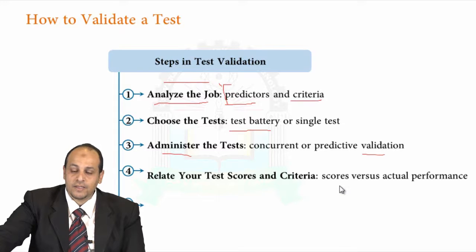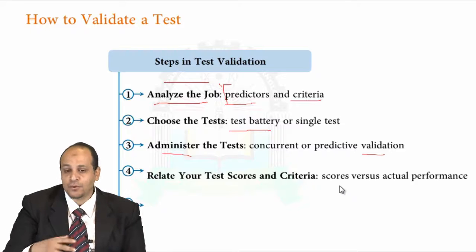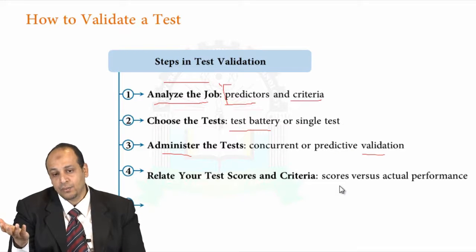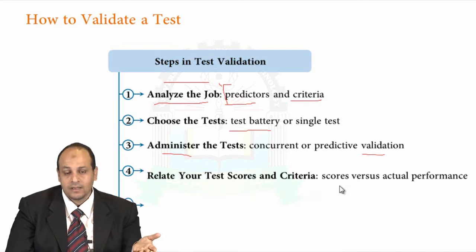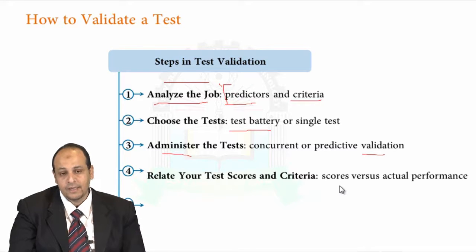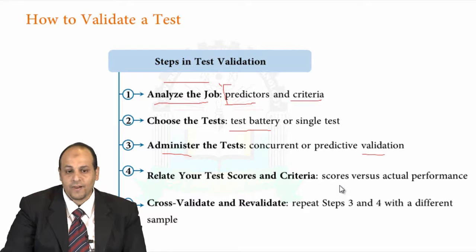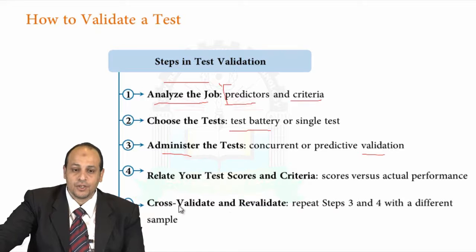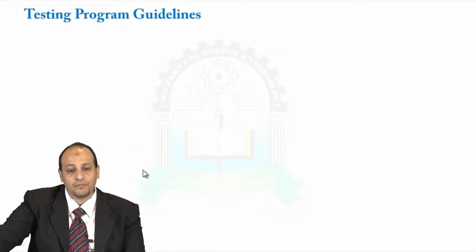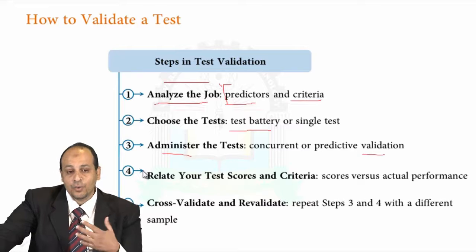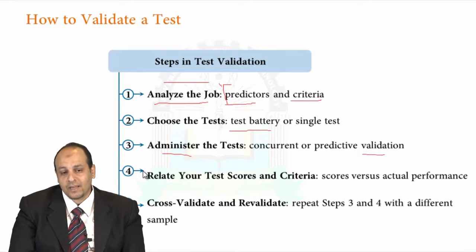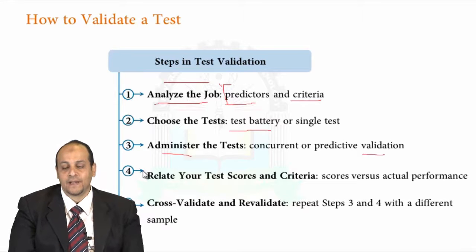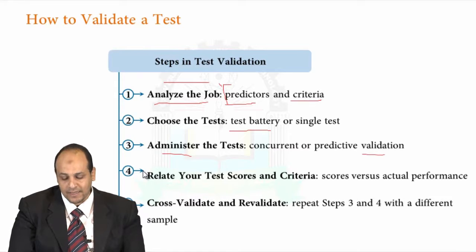So this is one way to match the actual performance of the candidate with the scores he gets, and the matching with the standards we have already set in order to decide whether he or she can be accepted or not. Finally, we cross-validate and also revalidate, which means we do steps number 3 and 4 again. Doing steps 3 and 4 again can come up with quite accurate results.